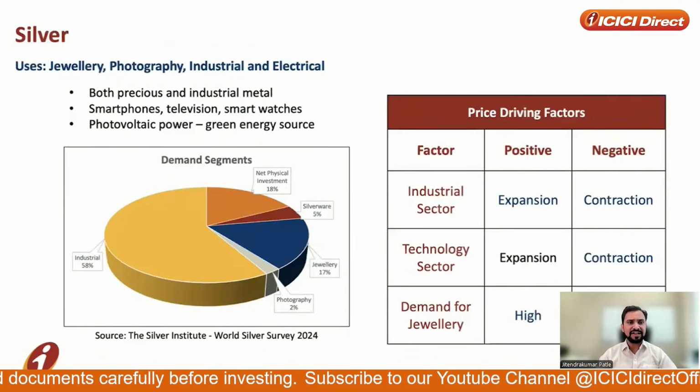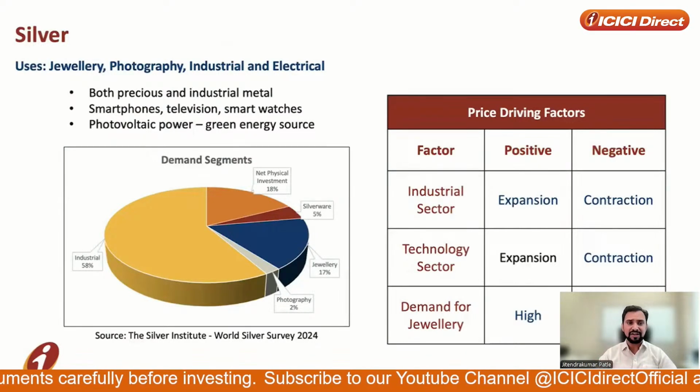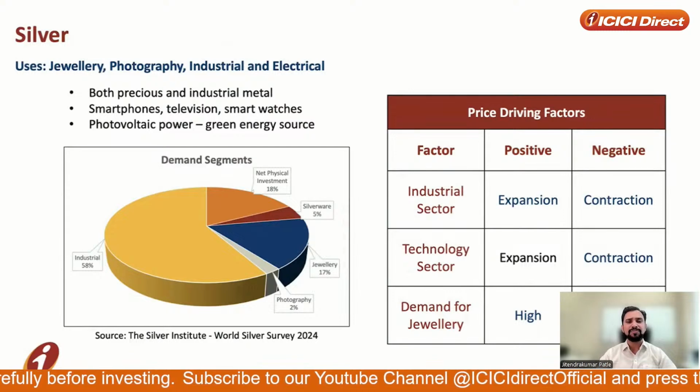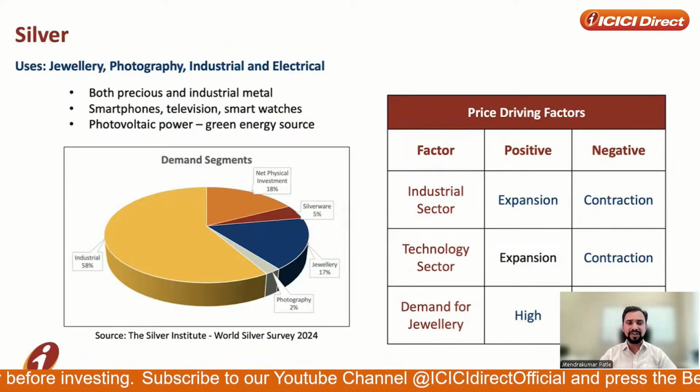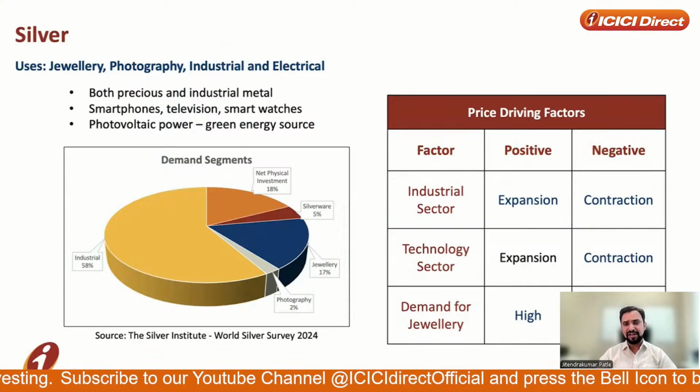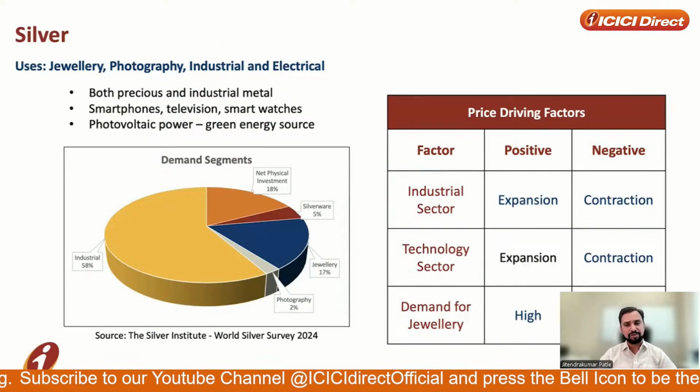Moving to the second commodity, that is silver. Silver is considered an industrial commodity, because almost 60% of the use of silver is for industrial purposes. So whenever there is industrial expansion or growth, silver prices will be higher.